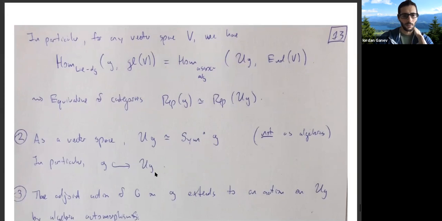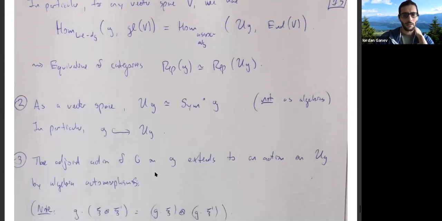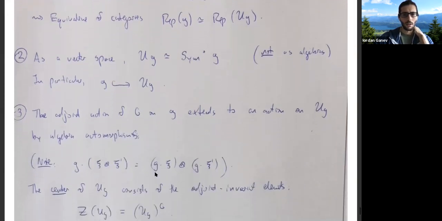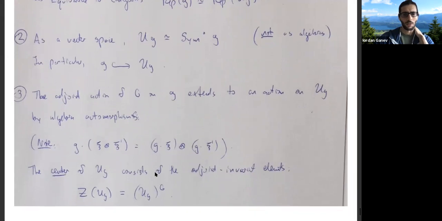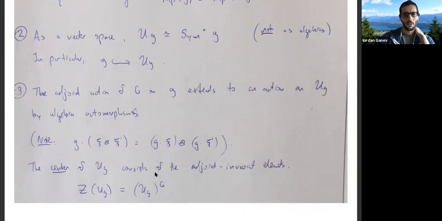And finally, because we started today talking about the adjoint representation, we had the adjoint representation of g on the Lie algebra. And this extends to an action on the universal enveloping algebra by algebra automorphisms.